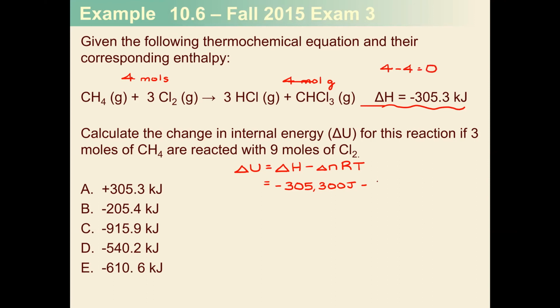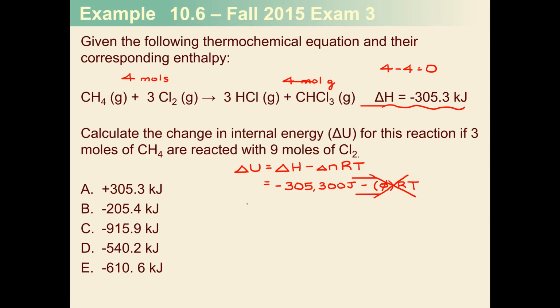So this means that I can put in 0 for my delta N, and no matter what the value of R and T is, won't my second term be 0 based off of the multiplication? So now our whole second term is going to be 0.